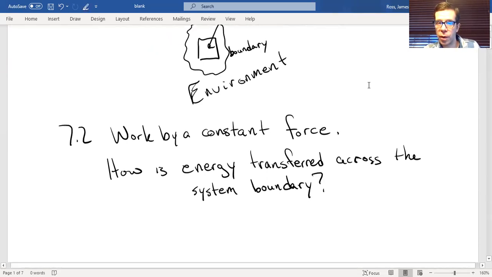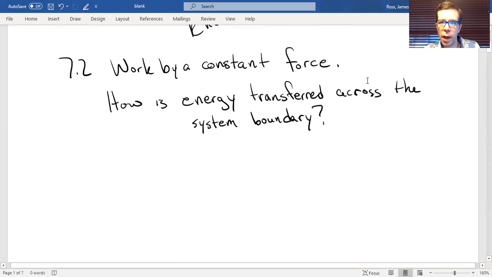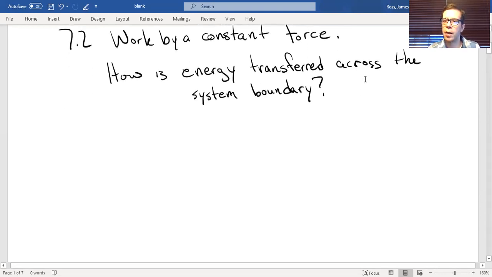Well, one of those ways is work. So we're first going to look at a constant force, and then we're going to look at how to expand that to a varying force.